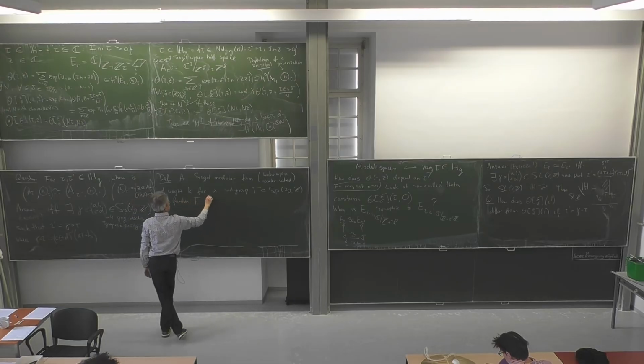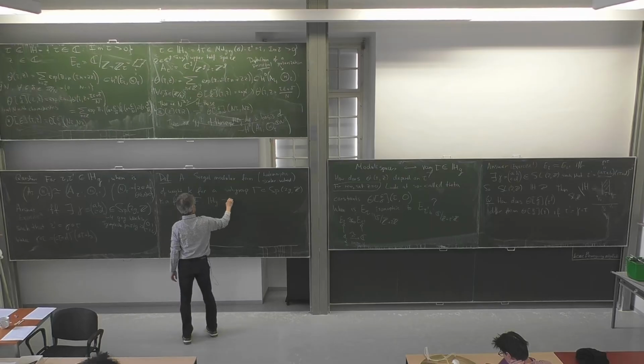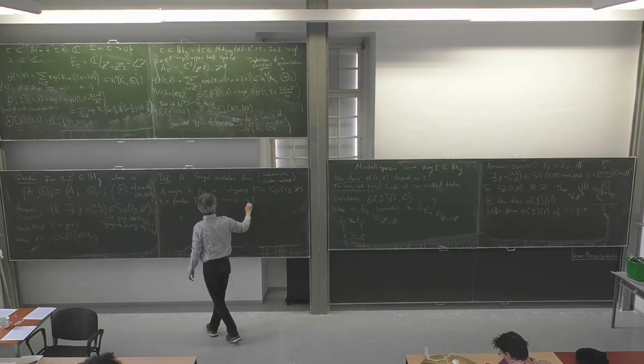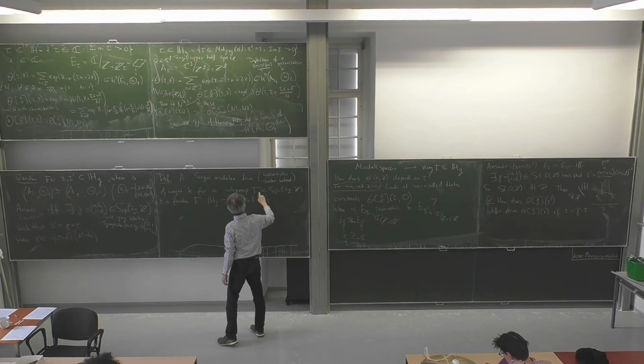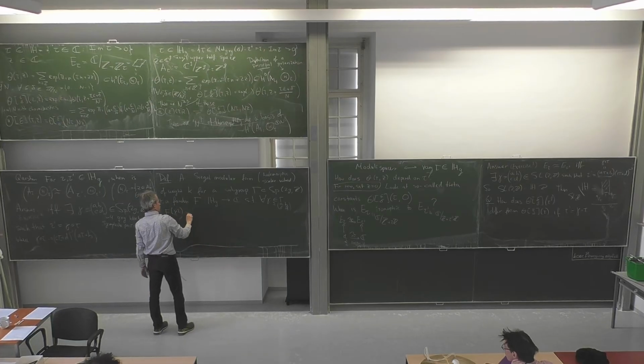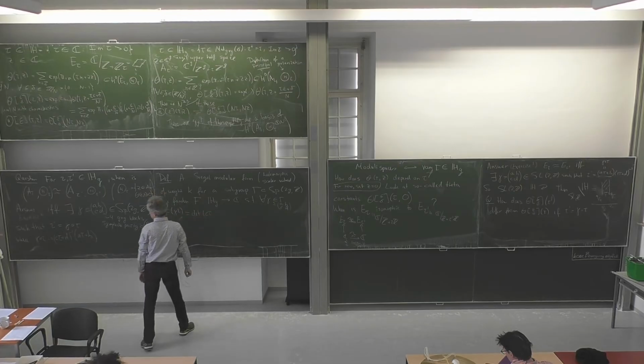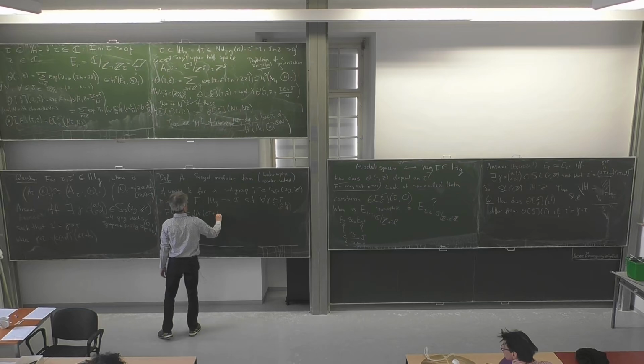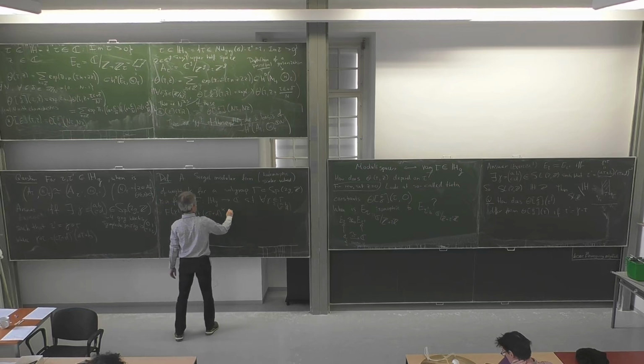It is a function f from the Siegel upper half space to C such that for any gamma in here, which I keep writing as A, B, C, D, f of gamma tau is equal to the determinant of C tau plus D to the k, times f of tau.